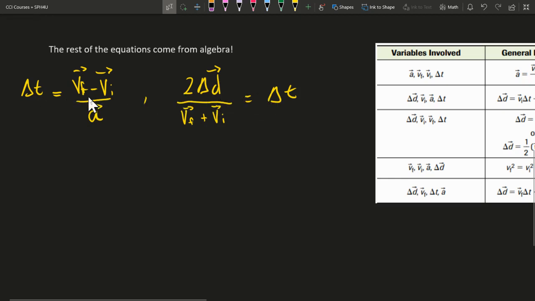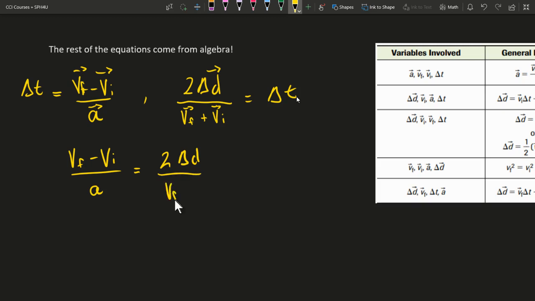These two equations describe the same object. So this side and this side can be set equal because they're both equal to the same value in all cases. So effectively, I'm left with final velocity minus initial velocity over acceleration is equal to 2 times change in position over final velocity plus initial velocity.